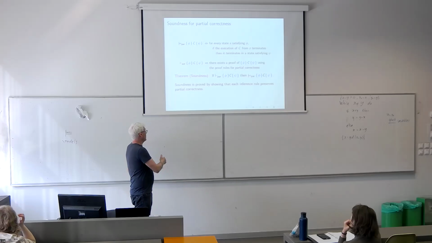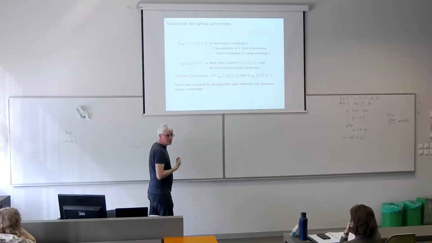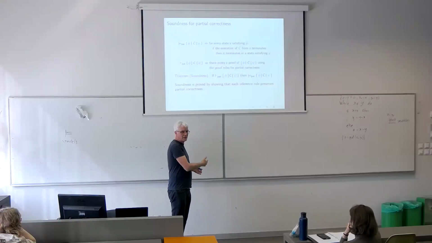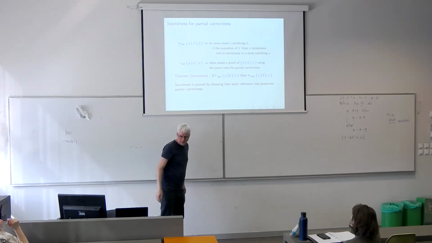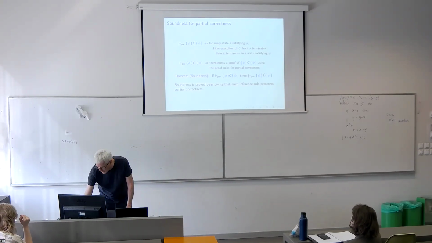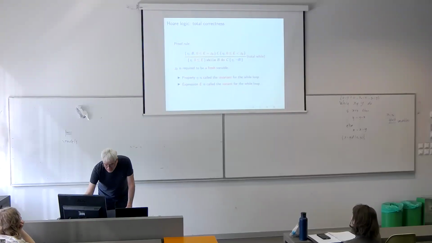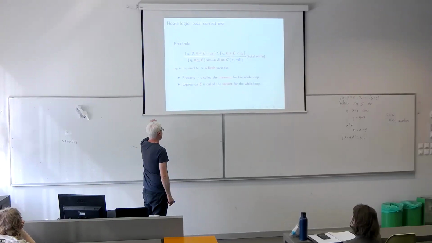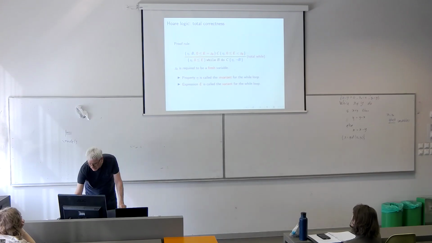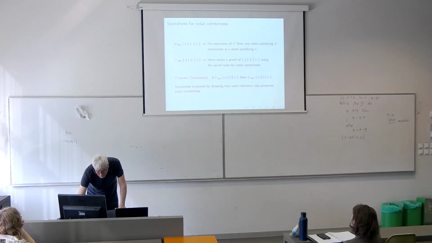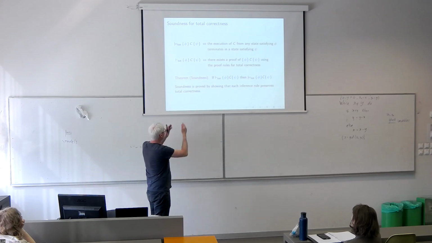For that, we're going to change our reading of the Hoare triple to the total correctness definition. But it is no longer the case that the proof rules we've given are then correct. We won't have soundness for the proof rules we've got. They're only sound because we're currently using partial correctness. So for total correctness, I'll just say what total correctness is again.